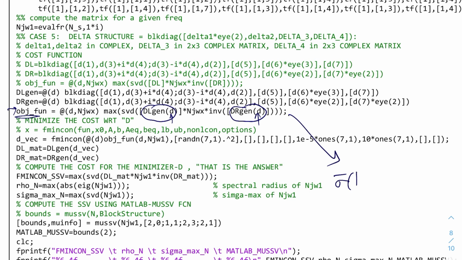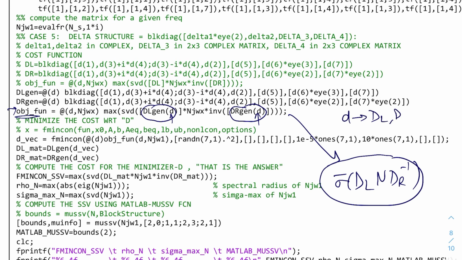Here, this is just one more time, df and dr inverse. Just give me d and then dr matrices, and then compute the cost.